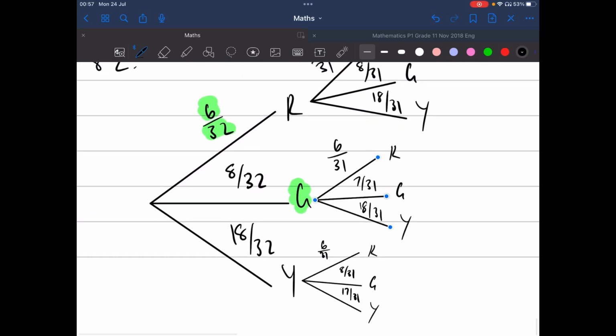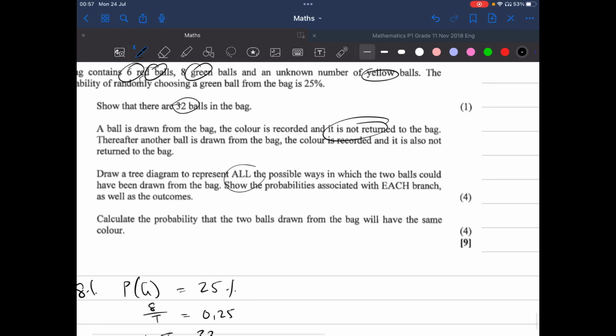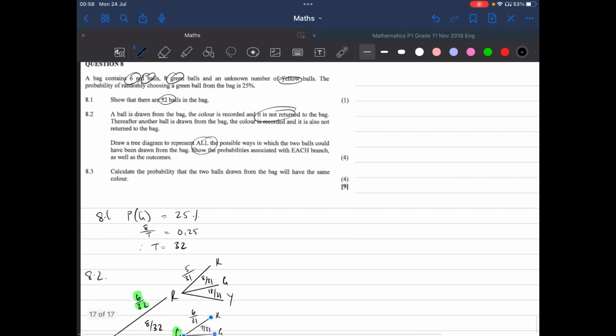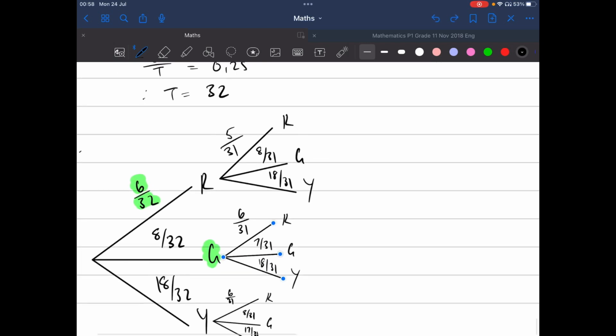Okay, cool. So let's just read what the question said. Draw a tree diagram to represent all the probabilities. Show the probabilities associated with each branch. So the probability associated with each branch is literally what we've shown on this. Let's just put what the two outcomes are for each one. So here I can have red and red.